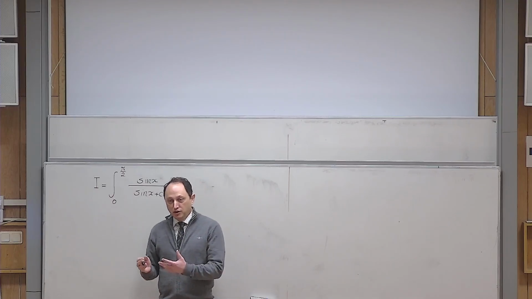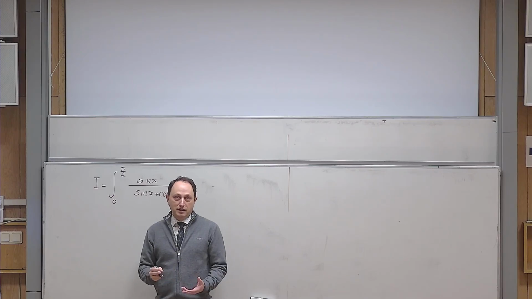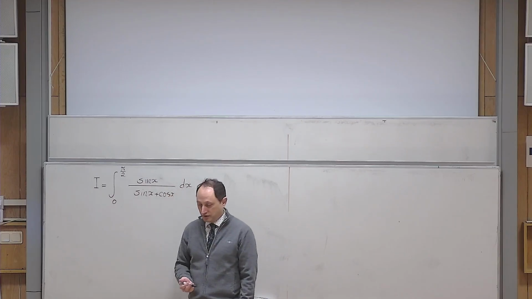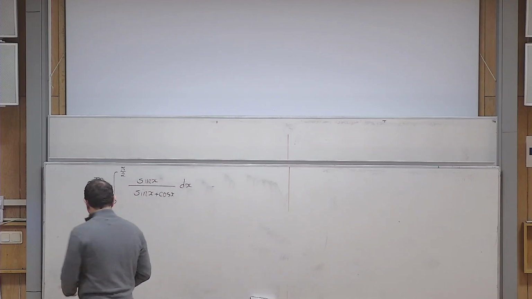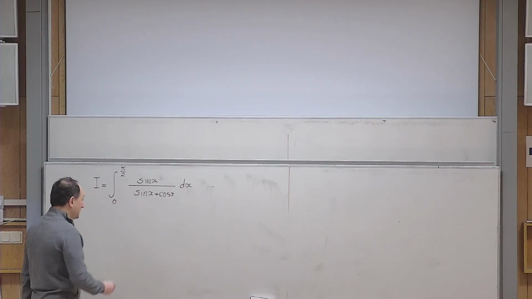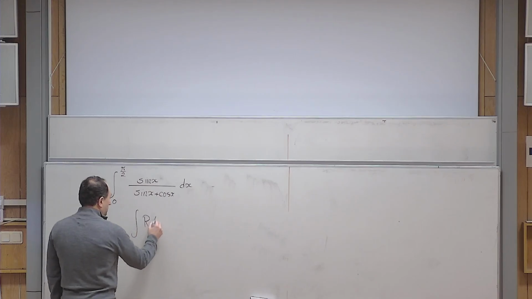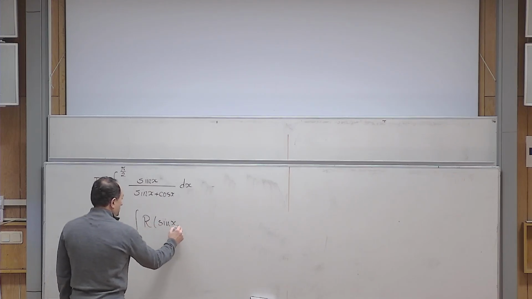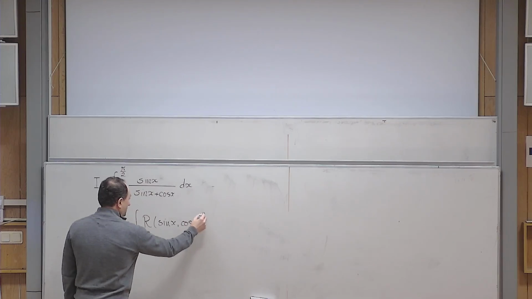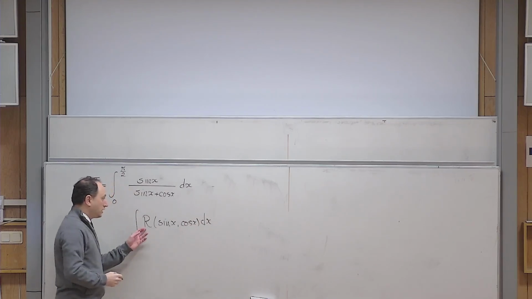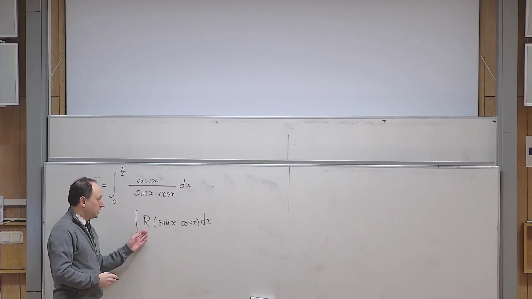Yes, I know it was lengthy, but technically speaking, I was sure at that time that I could find a primitive function for that, because one of the standard techniques of integration is about integrals of the form R of sine x, cosine x dx, in which R is a rational function in two variables.